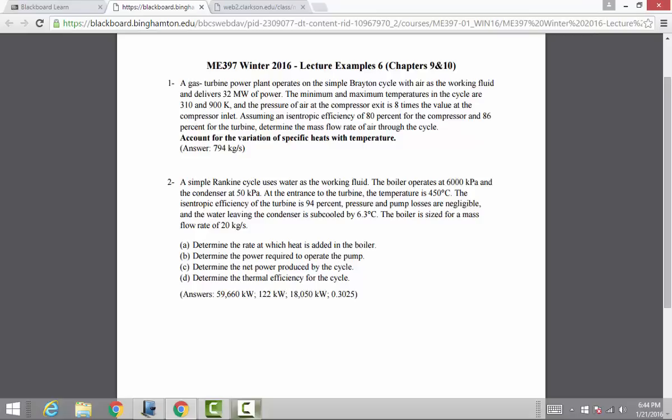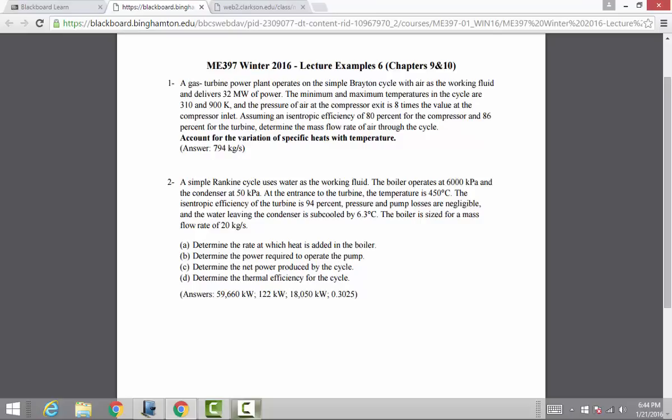So we know that those red dashed curves, which represent constant pressure processes, one which is about boiling at a higher pressure is 6,000 kPa. Imagine 6,000 kPa, and the other one, which is the condenser, is at 50 kPa. At the entrance to the turbine, the temperature is 450 degrees C.